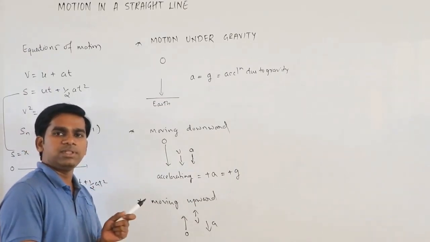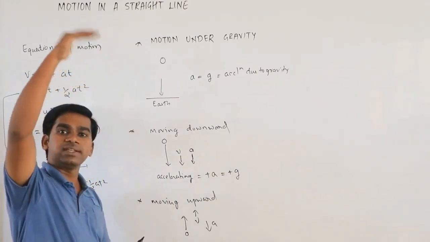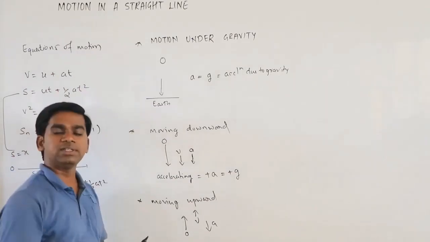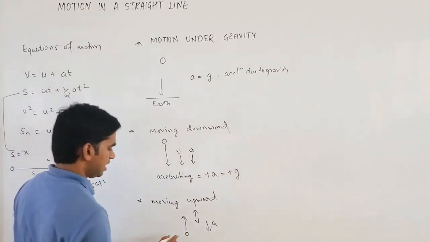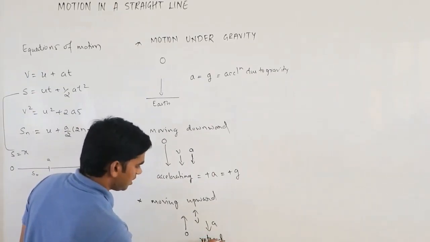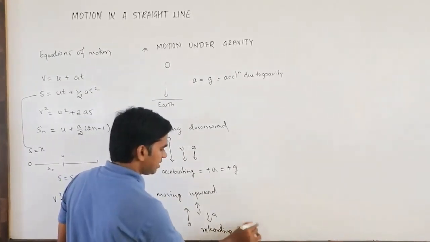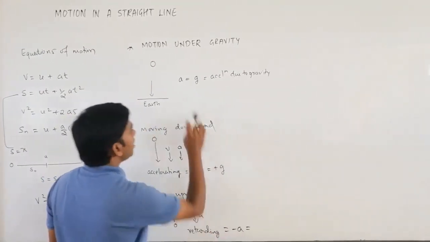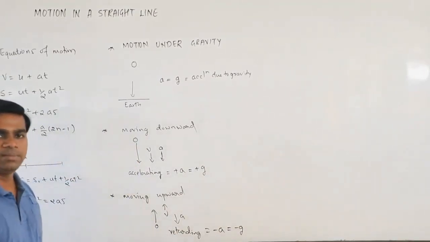Initially it will go with some speed, then it will come to rest. Velocity goes on decreasing, which means it is decelerating, it is retarding. Retarding. Okay, so if it is retarding, you have to take acceleration negative. So a equals minus g. You have to take minus g.